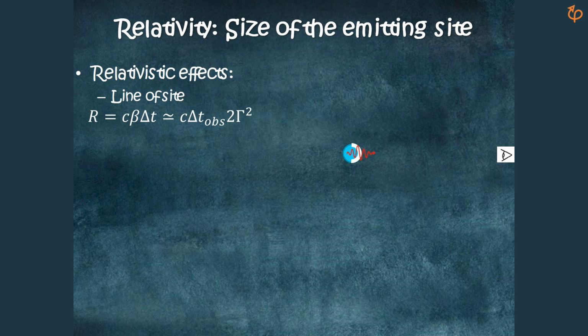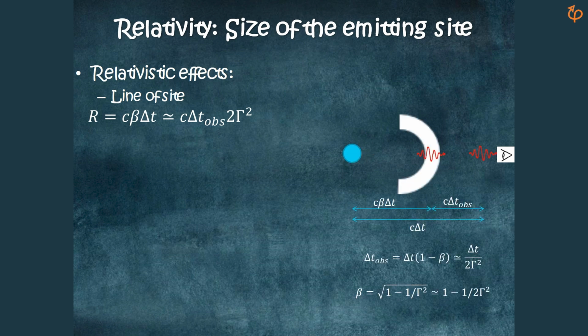This is the first photon, and then the second photon is emitted when the blob reaches a radius r from the central source. The exercise is going to be similar to what we did with superluminal velocity. c beta is the velocity of the blob.